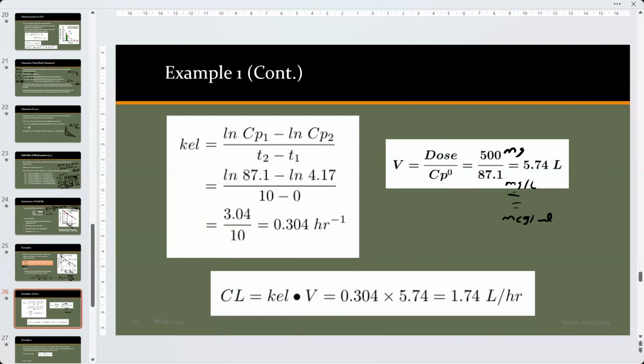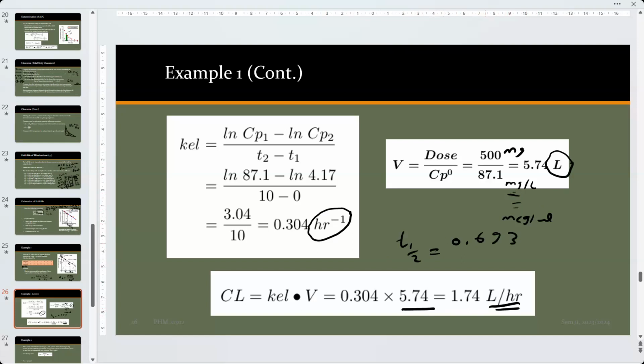Okay, calculate clearance equal to K times volume of distribution: 0.304 times 5.74 equal to 1.74. The unit is, volume of distribution was in liters, and K was in hour to the power negative 1, so this one should be in liter per hour. Calculate the T half. T half equal to ln 2.